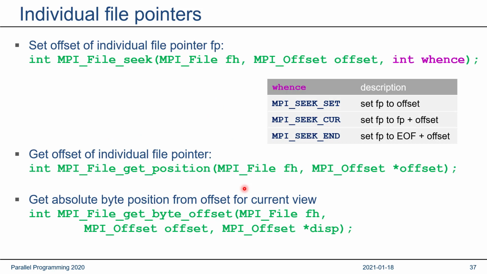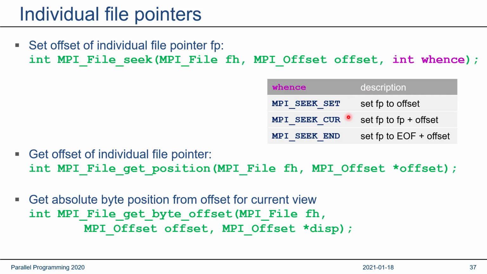Of course, reading or writing to a file is not the only way to manipulate the individual file pointer. You can call a seek function, MPI_File_seek, and it requires an offset with the usual semantics. And the last argument, whence, specifies how the offset is interpreted. So, for example, MPI_SEEK_SET: if you specify that for whence, then the file pointer is just set to the offset.